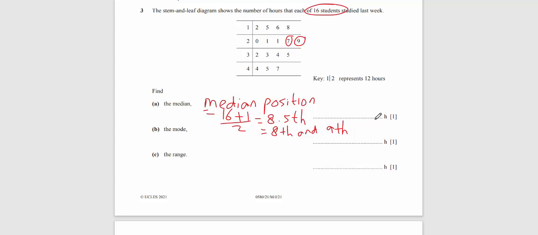So if we have 27 and 29 as the 8 and the 9 position, then we add them and divide by 2. So our median will be equal to 7 plus 9, divided by 2, which is 8.